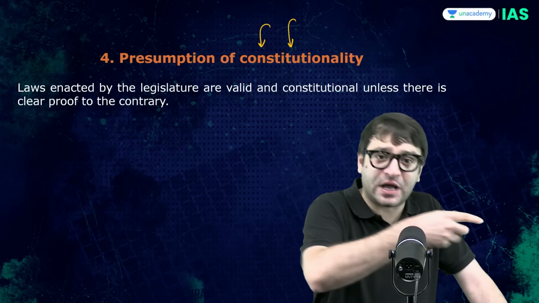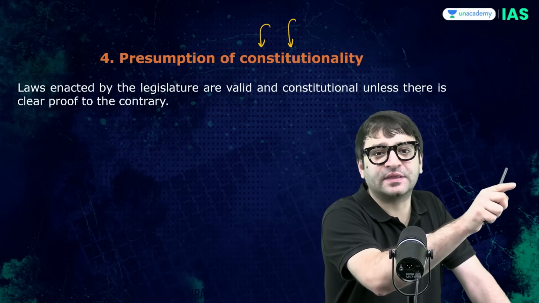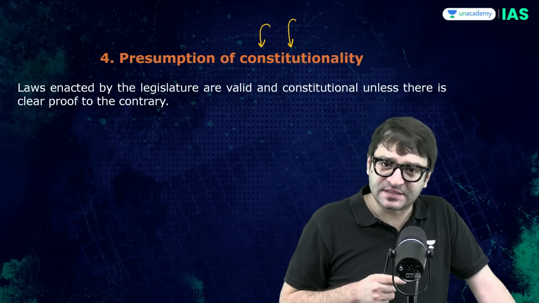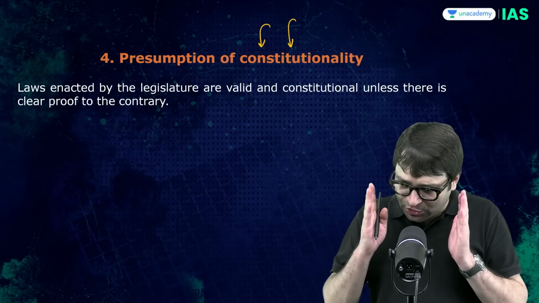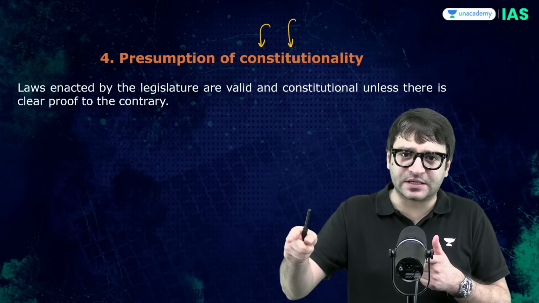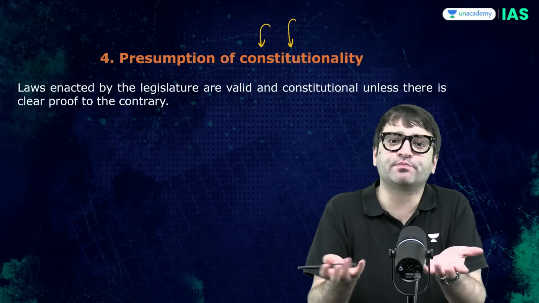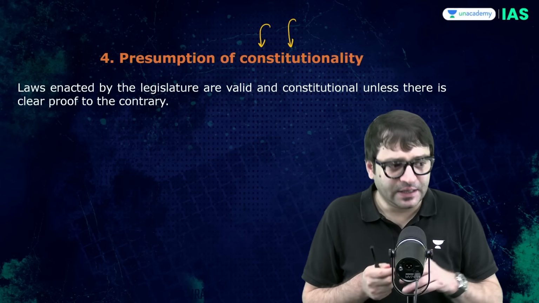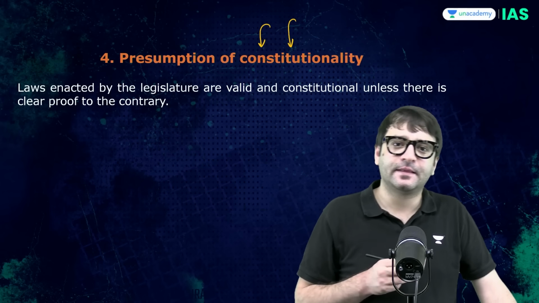Because the person who has to prove that you have committed this crime, the higher burden is on that individual. Similarly, when a law is challenged before the courts, we will assume that since this law is enacted by the legislature which consists of elected members of the public, this law is presumed to be constitutional. It's for the petitioner to prove that the law is otherwise.